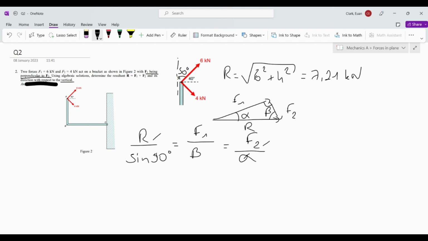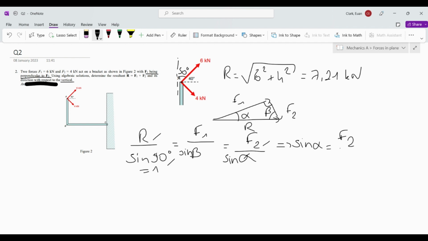So we know R, we know F2, sine 90 is equal to 1 once again, and so let's just go ahead and solve for sine alpha.